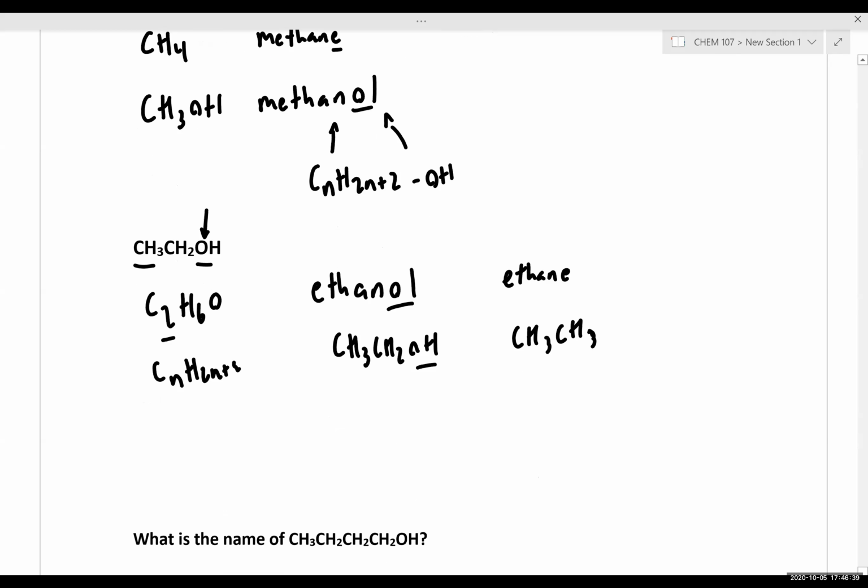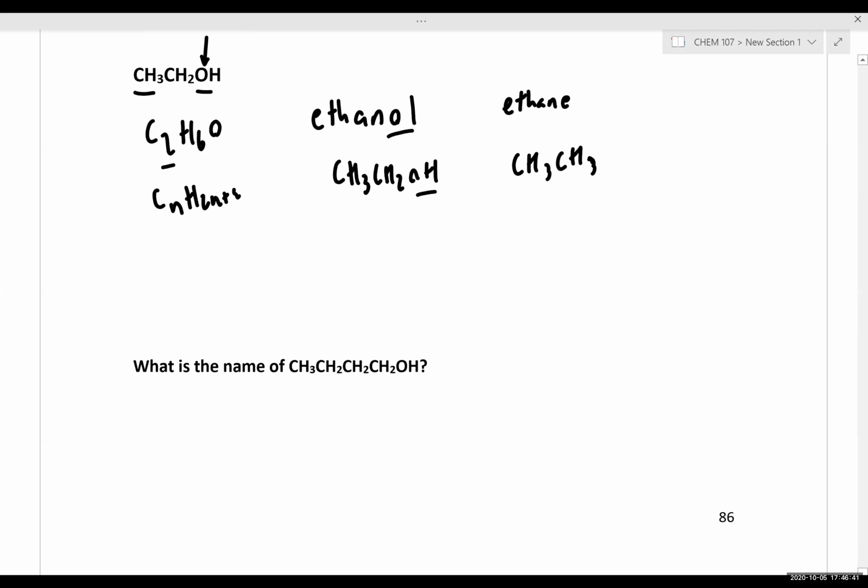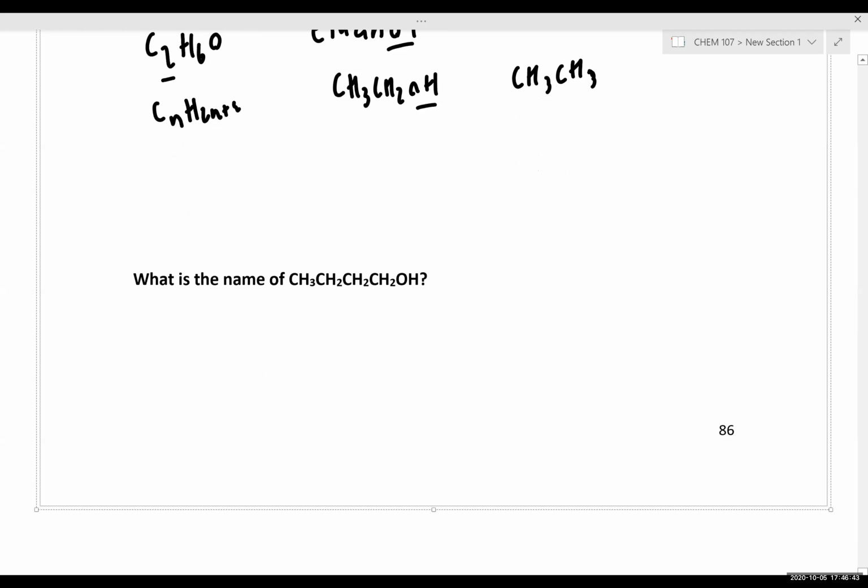Perfect. So I'd like you to try and propose a name for the following compound. Let's take about 2 minutes to work on this example, and I'd like to see a few proposed names for the following compound. Remember to count your carbons. The carbons are key to naming organic compounds.